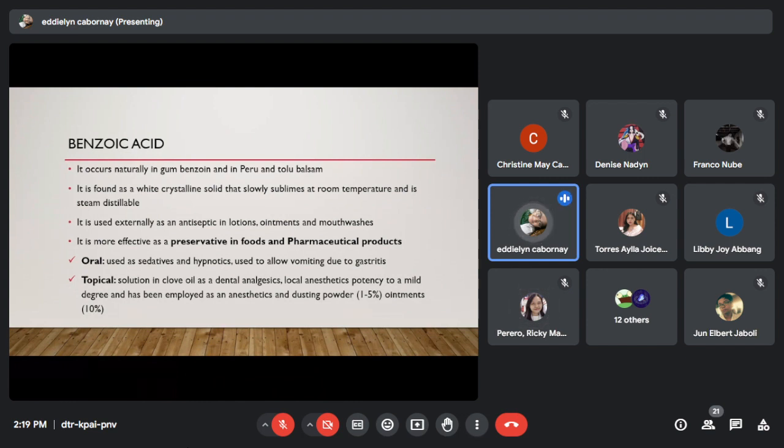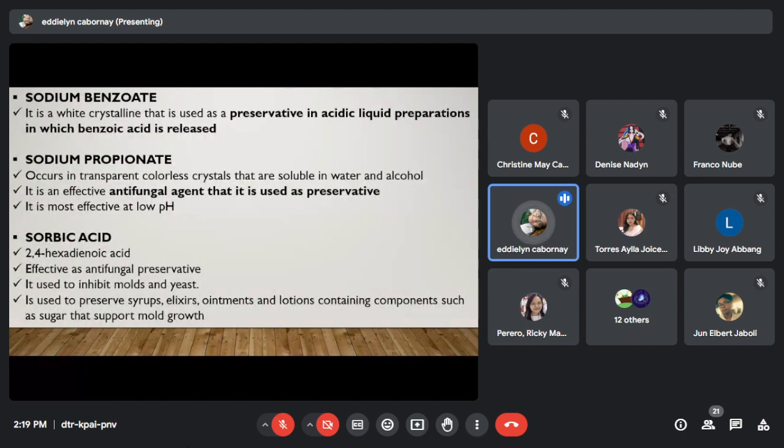Orally, it is used as sedatives and hypnotics, and to allay vomiting due to gastritis. The other dosage form is topical, which is used for dental analgesics and local anesthetics. We have sodium benzoate.